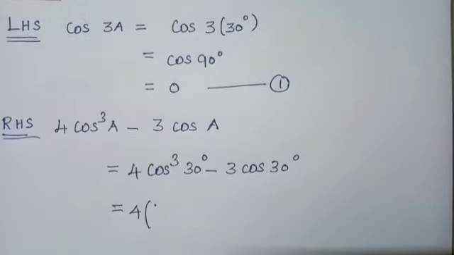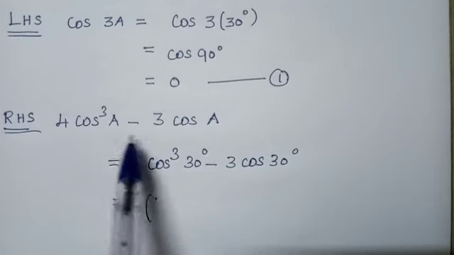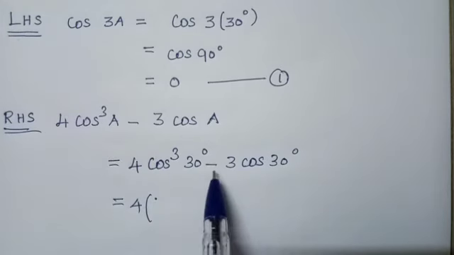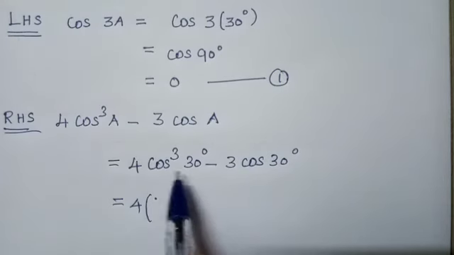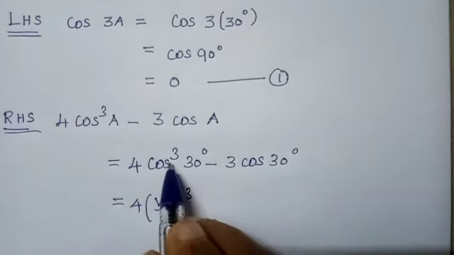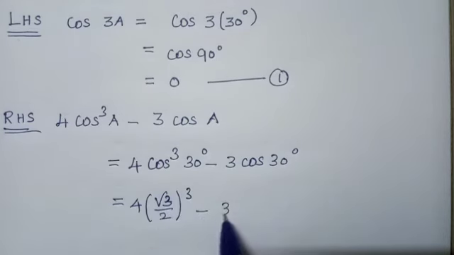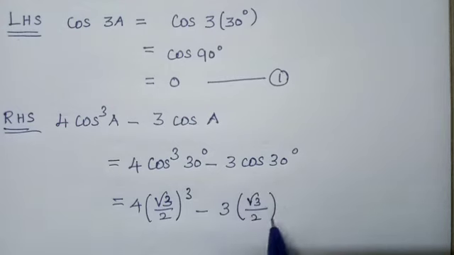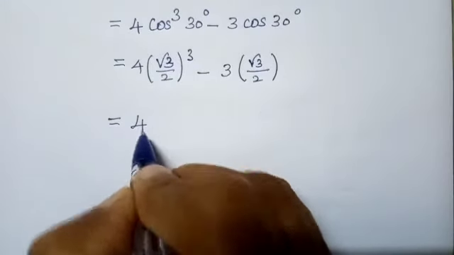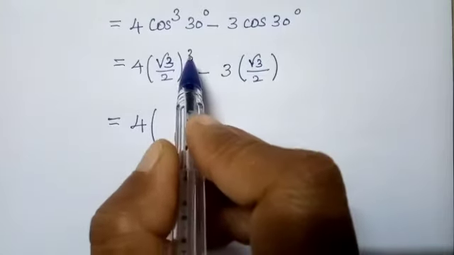Then right hand side 4 cos cube a minus 3 cos a. 4 cos cube a is 30 degree, minus 3 cos 30 degree. Now we can substitute the values. Cos 30 degree is root 3 divided by 2, the whole cube, because here cos cube 30, minus 3 into cos 30 degree root 3 divided by 2, which is equal to 4 into root 3 times.